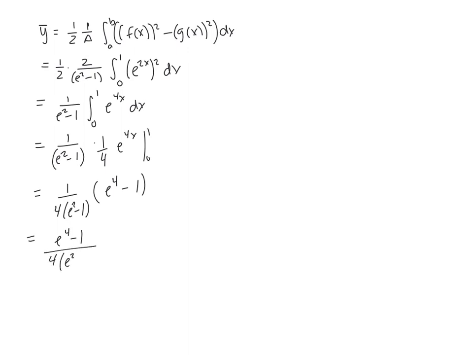And you're almost done. It's just that this expression actually simplifies. E to the 4th minus 1 factors into e squared plus 1 times e squared minus 1. And notice how those e squared minus 1's cancel. And so your final answer for y bar is e squared plus 1 over 4.